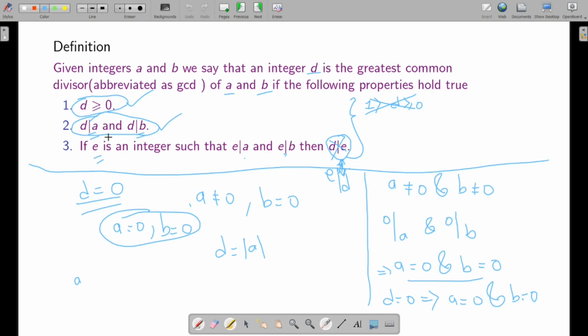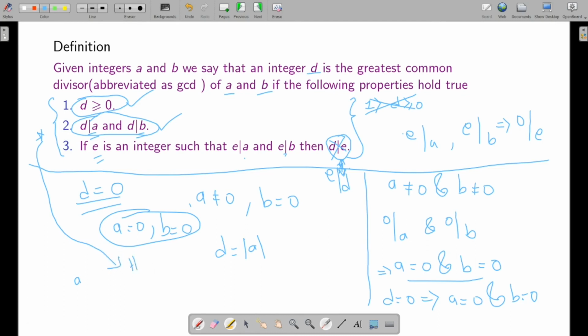Now, if E is any integer such that E divides A and E divides B, you don't really have to worry because since D is 0, 0 divides any integer, so 0 will divide E. So you can see that all these three properties are satisfied. Just a small pointer I should put up here.